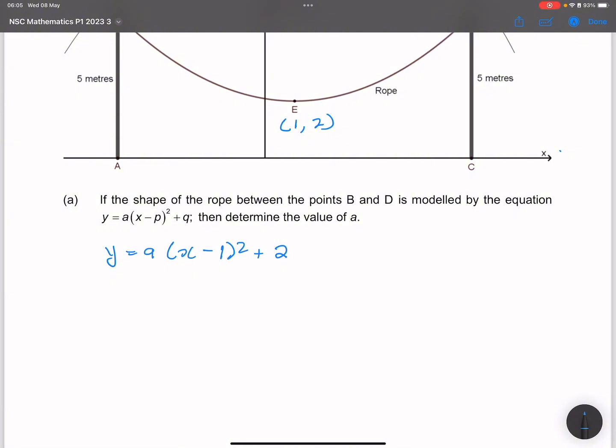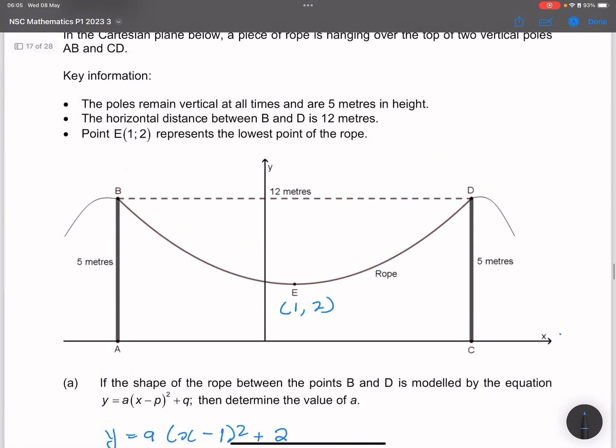So how are we going to do that? So remember that the x value of the turning point simply represents, in this case, halfway or midway, or what we call the axis of symmetry. So if the total distance is 12, it means it would be 6 units that way.